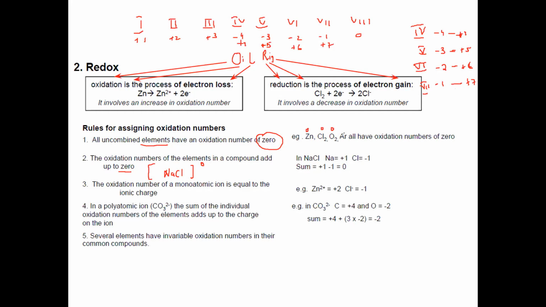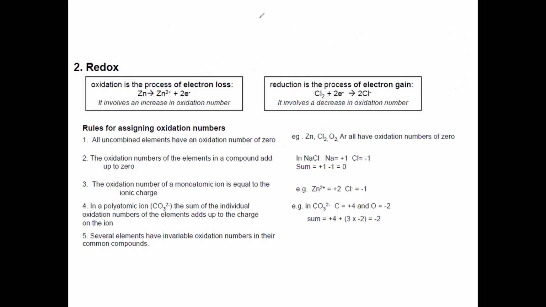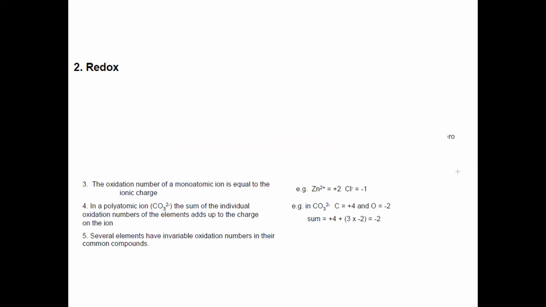For example, if we want to work out the oxidation number of chlorine in the compound NaClO3. We have a compound NaClO3, and there is no charge, so it's a neutral compound.